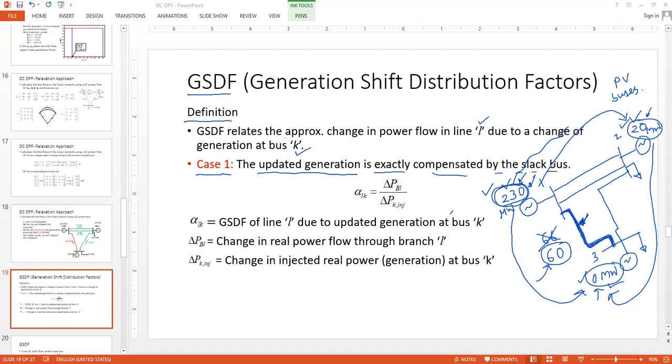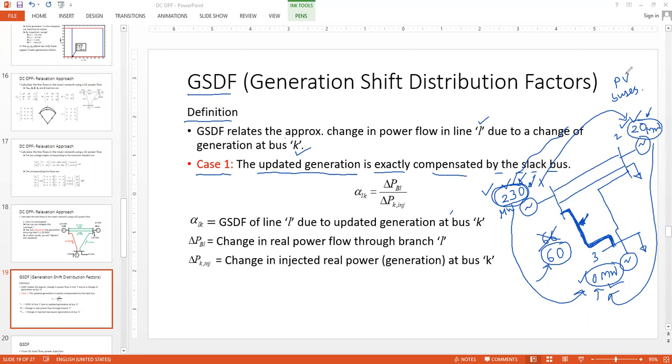That means we are not going to update the generation at the slack bus. The slack bus is basically our dependent variable. The independent variable is any other generation bus other than the slack bus.